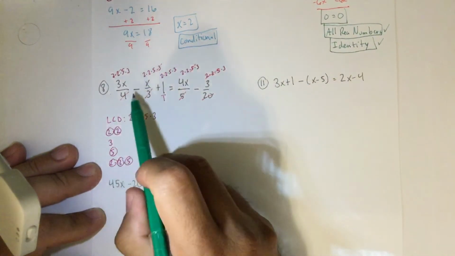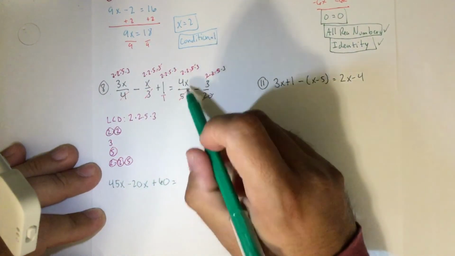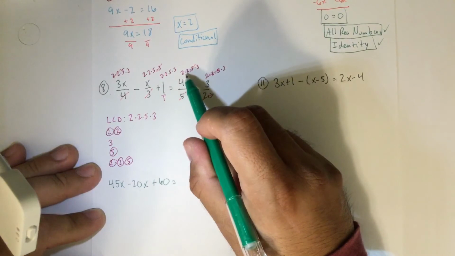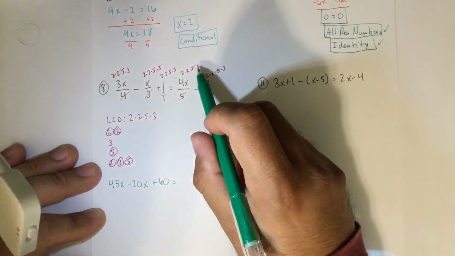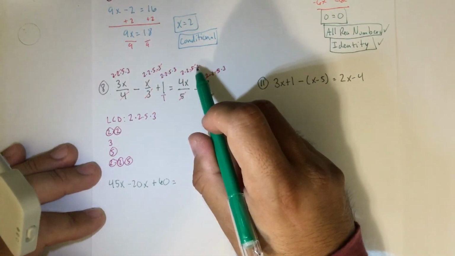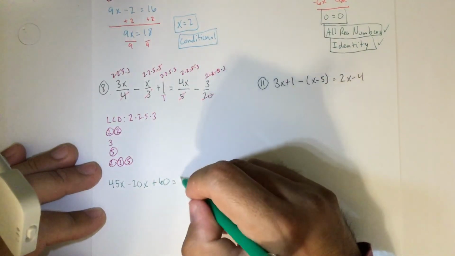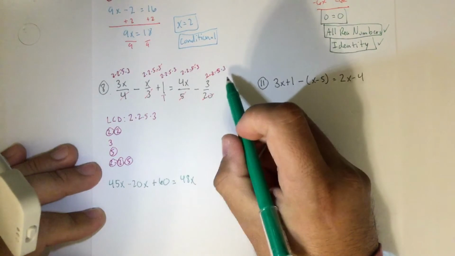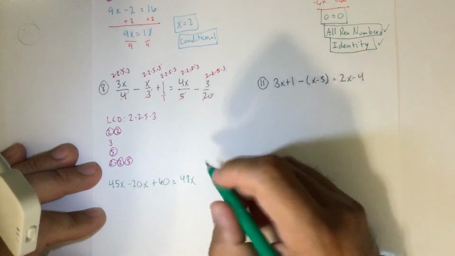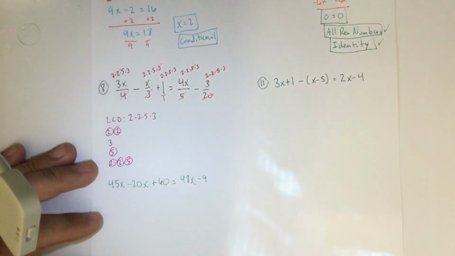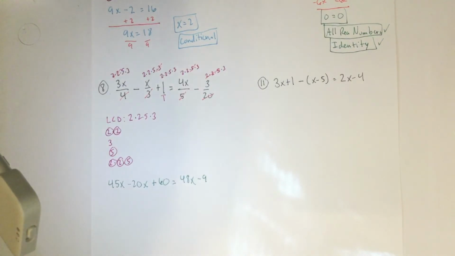Do be careful of the signs like minus, plus, be careful of those. This one, 2 times 2 is 4. 4 times 3 is 12. 12 times 4 is 48. So 48x. And then here we have negative 3 times 3 is negative 9. Okay. And let's go ahead and work this out.